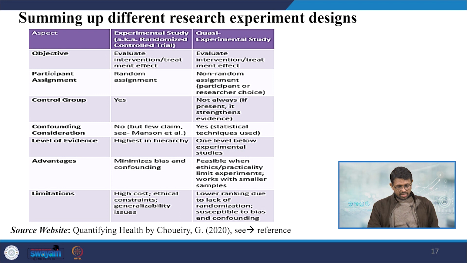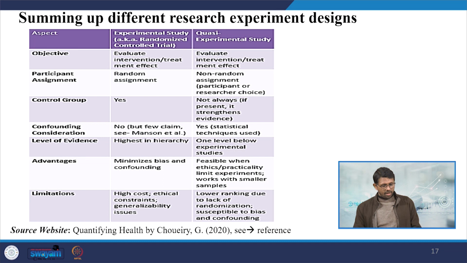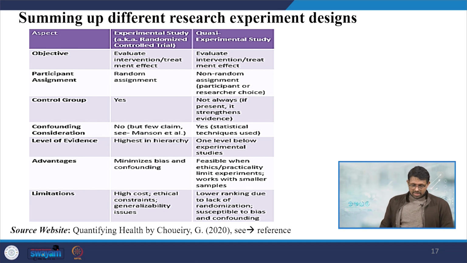Confounding is important in quasi-experiments, whereas in experimental design it is not considered, though a few claim otherwise, as mentioned by Manson; you can refer to that work. The level of evidence etcetera is also different; you can see the other things.